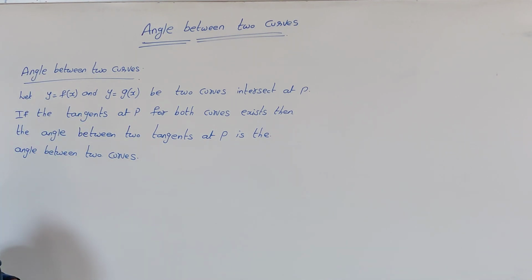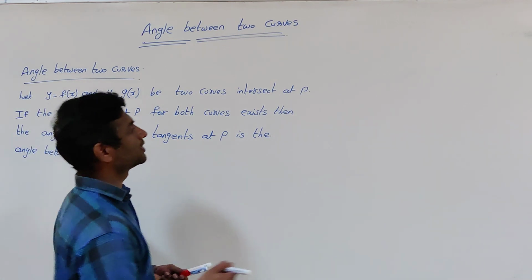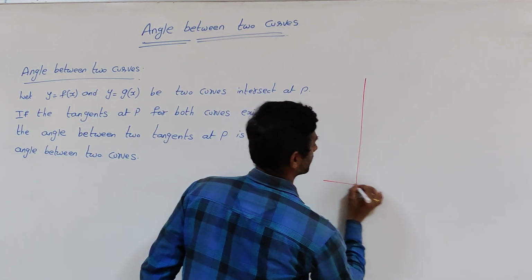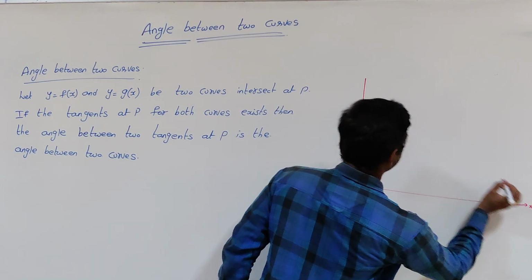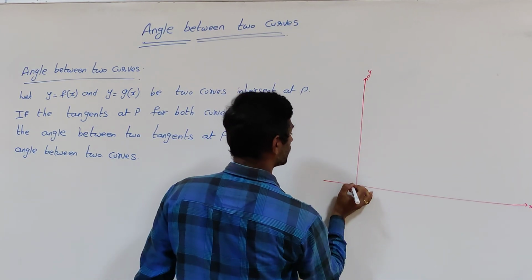Let y is equal to f of x and y is equal to g of x be two curves intersecting at P. Take the x-axis and y-axis, with this as the origin.